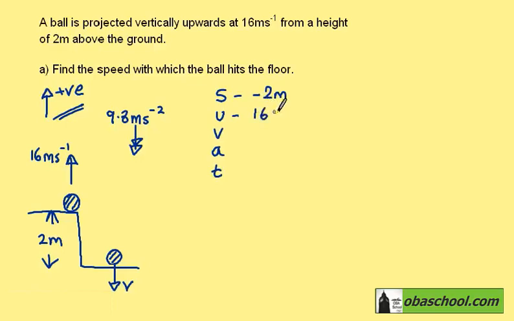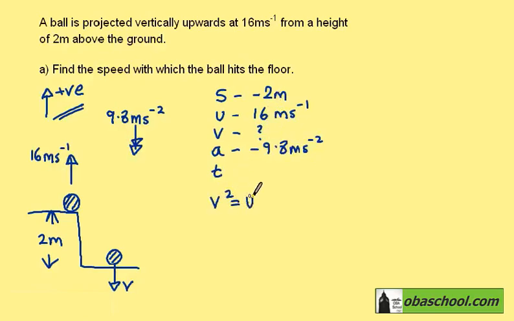The initial velocity is 16 meters per second. The final velocity we're trying to find, and the acceleration being downwards, needs to be minus 9.8 meters per second squared, since we took the velocity as upwards.